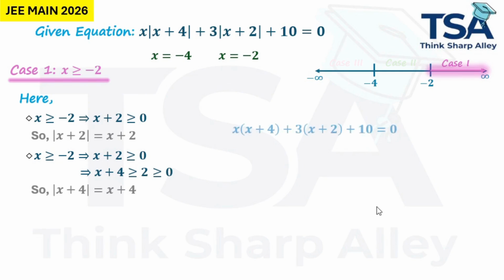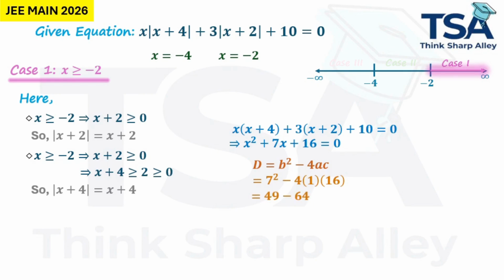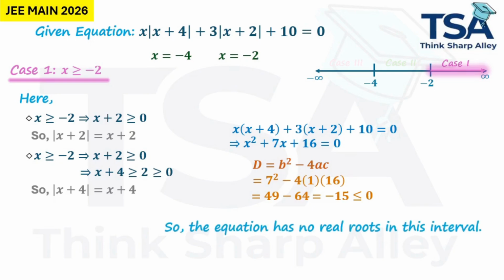So our equation collapses into a standard quadratic. Now pause. Don't look for middle term splits. Let's run a quick discriminant scan, and that gives us 49 minus 64, which is negative 15. Now because your discriminant is strictly below 0, it is mathematically impossible for this curve to cross the x-axis. That means no real roots in this interval.